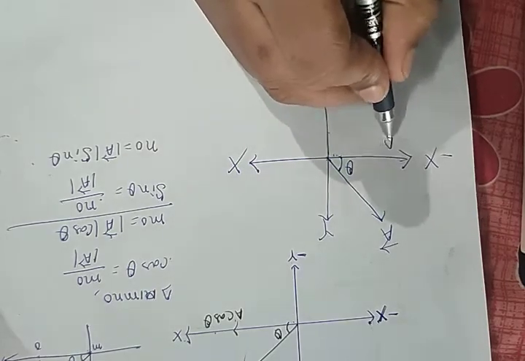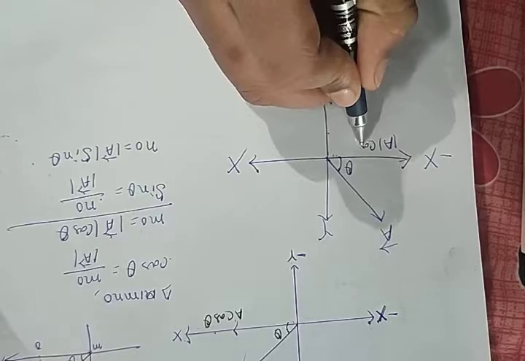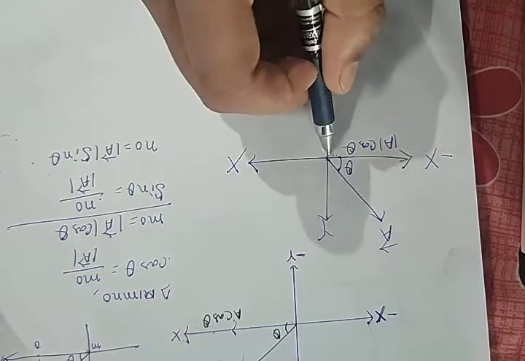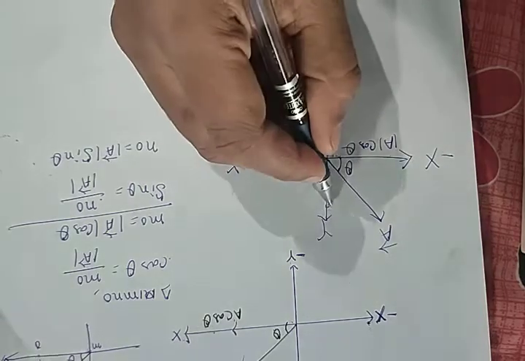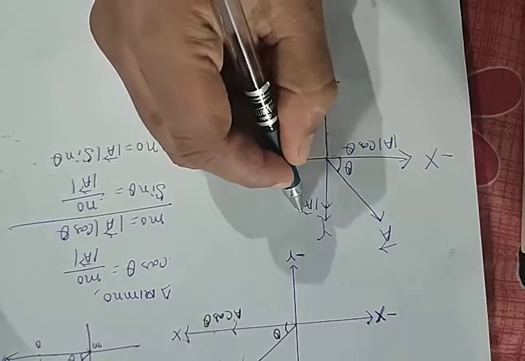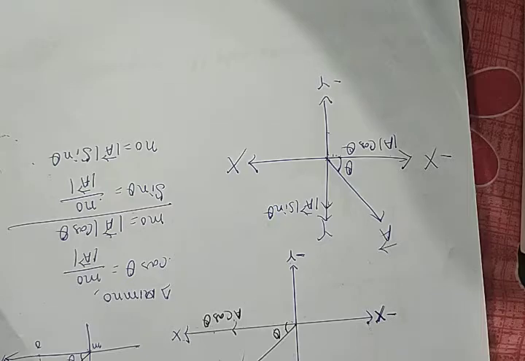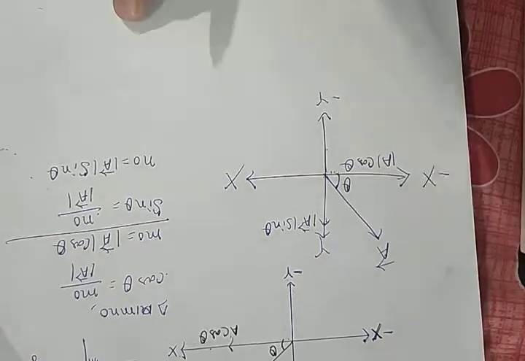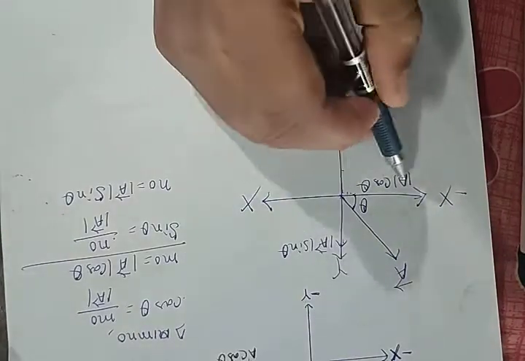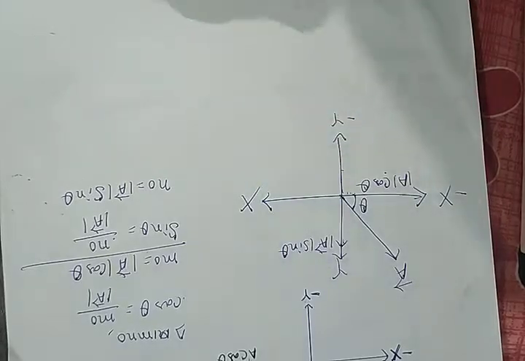So this part will be your A cos theta component. Okay, and this part along y-axis will be your mod A sin theta. This will be your sin component. So theta always lies with cos component.